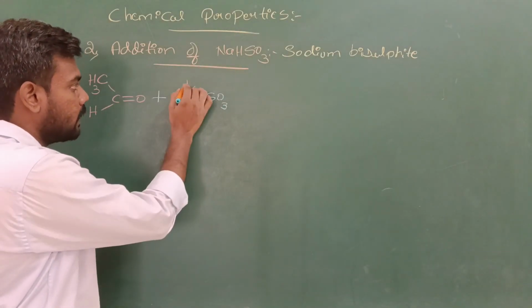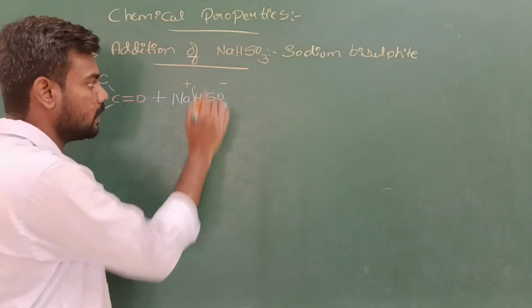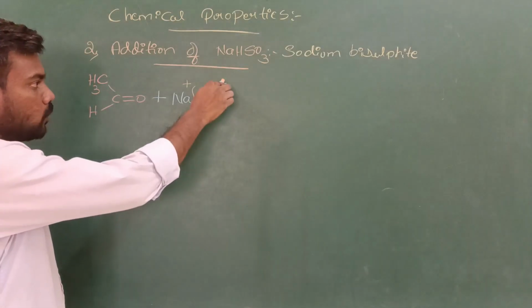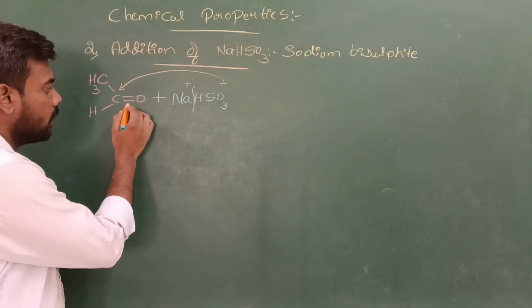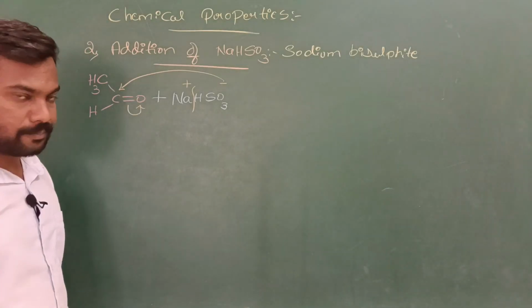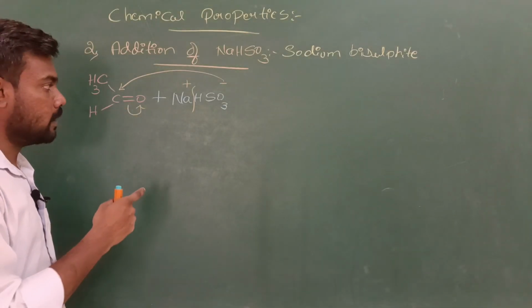Sodium atom will carry positive charge and HSO3 will carry negative charge. This nucleophile will attack the electropositive carbon atom. Then the electron transfers to the oxygen atom, and this oxygen atom will carry negative charge.